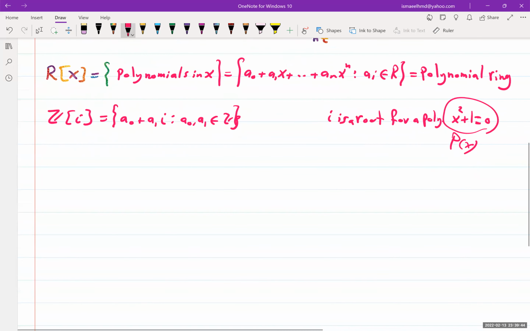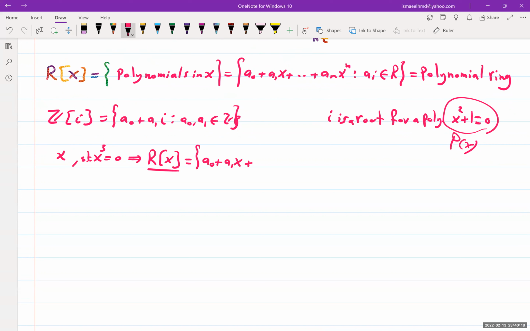So, for example, if we have x such that x to power 3 equals 0, then the polynomial ring R[x] must be written as a0 plus a1 x plus a2 x squared, but we don't need to write x to power 3 because it is a zero term.